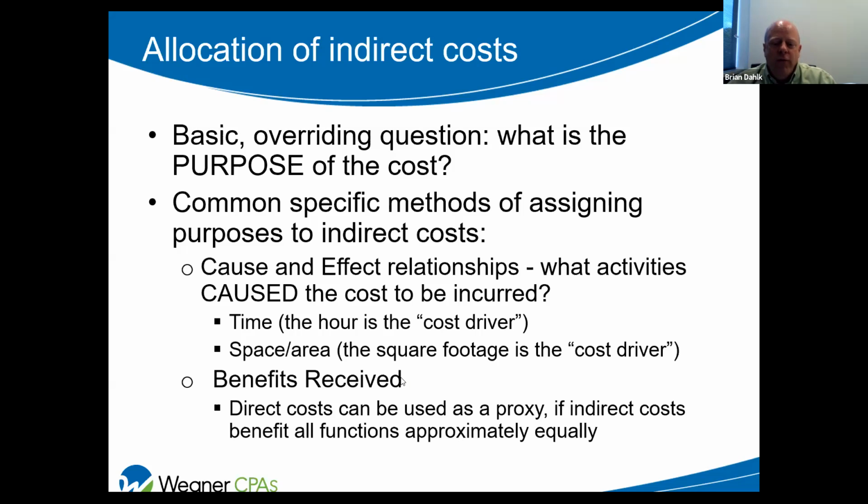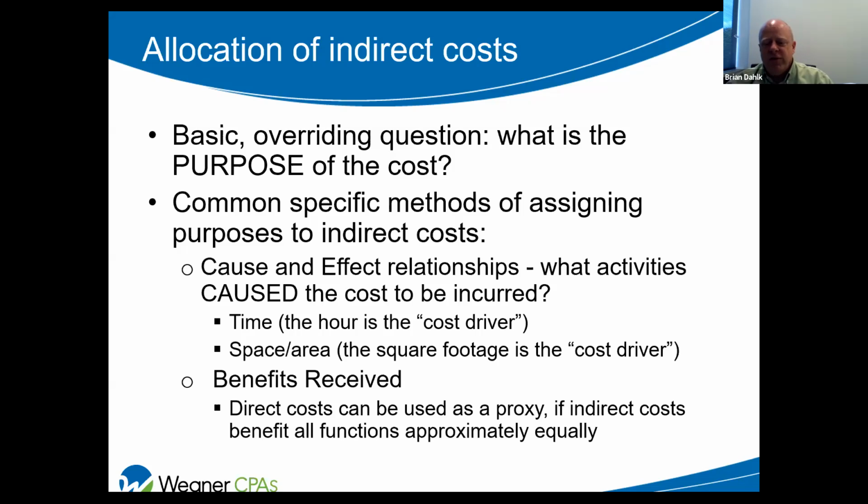There's another overall general way to allocate indirect costs too, which is based on the benefits received. And what that mostly means is allocating indirect costs just based on the proportion of the direct costs that are assigned to each function. So direct costs can be used as a proxy for allocating indirect costs.